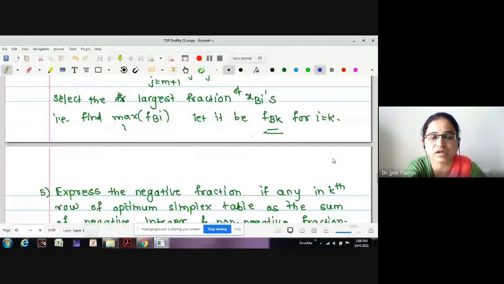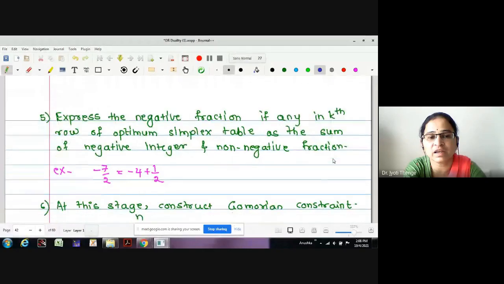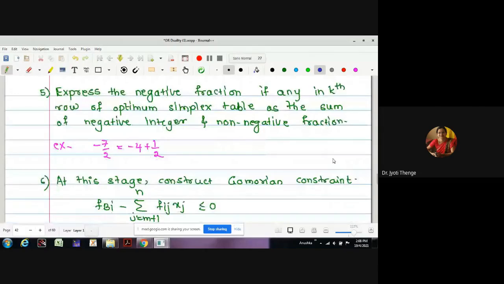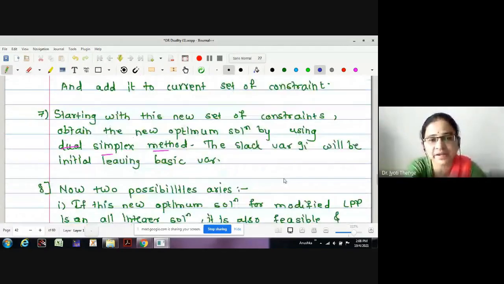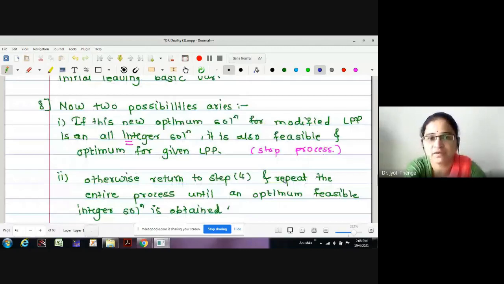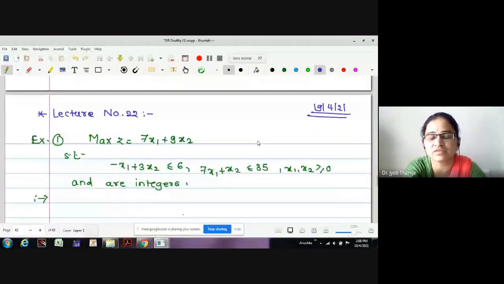If any negative fraction is there in the kth row, then express that negative fraction as a negative integer plus a non-negative fraction. Construct this Gomorian constraint, add it in the last table of the simplex method, solve by dual simplex, and check the nature of the solution again. If the solution is all integer, stop the process. If not, you have to repeat the steps until an all integer solution is obtained.